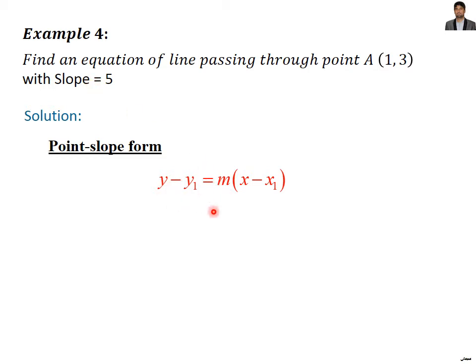So we replace all the values, we will get y minus 3 is equal to 5 times (x minus 1). Simplify this by multiplying 5 with x and 5 with minus 1. We will have 5x minus 5 and move minus 3 to the right side. So further simplify, minus 5 plus 3 is minus 2, and this is the final equation of line.